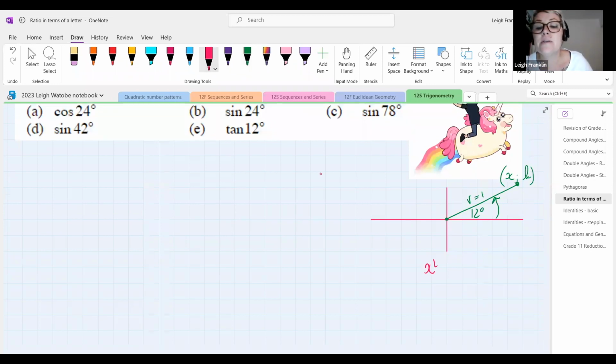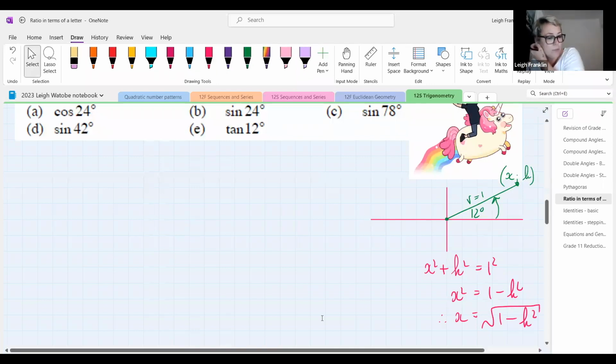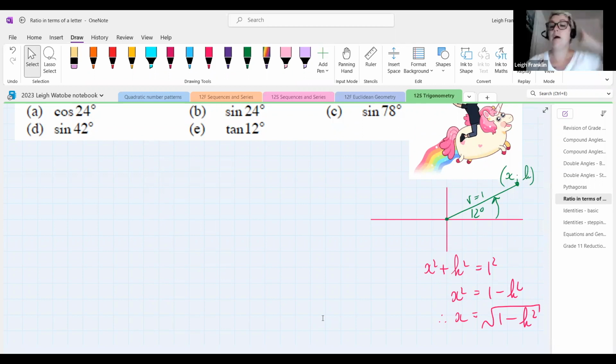This would have given us x squared plus k squared is equal to 1 squared. So x squared is equal to 1 minus k squared, and therefore x is equal to root 1 minus k squared. We're not going to drop the square on the k, and we're choosing a positive answer because we're working in quadrant number 1. Are we all good up to this point?